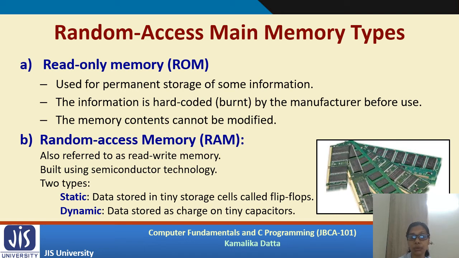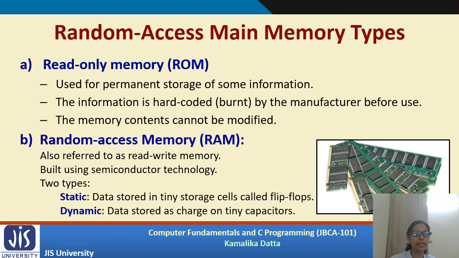Broadly, I told you we'll be discussing read-only memory and random access memory. Read-only memory is basically used for storing read-only data. So we permanently store some information here. The information is basically hard-coded or burned by the manufacturer before we use it. The general concept was that we cannot modify the content.